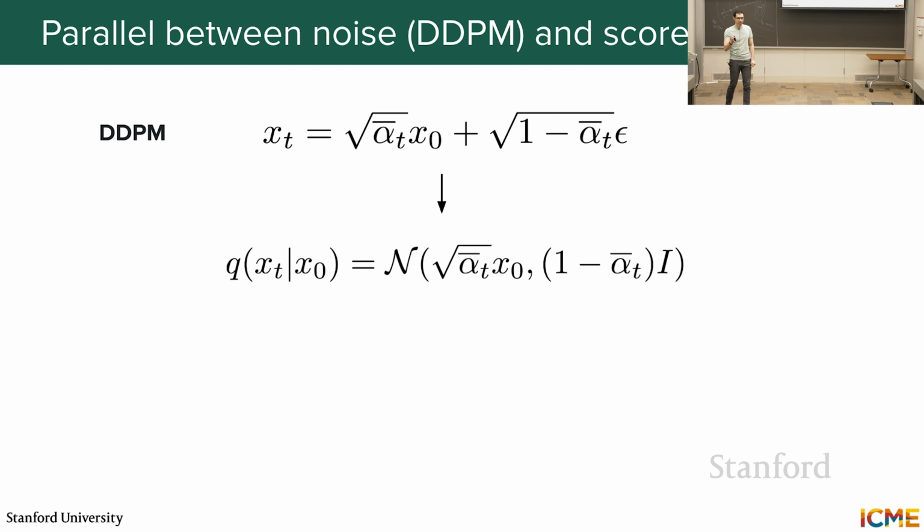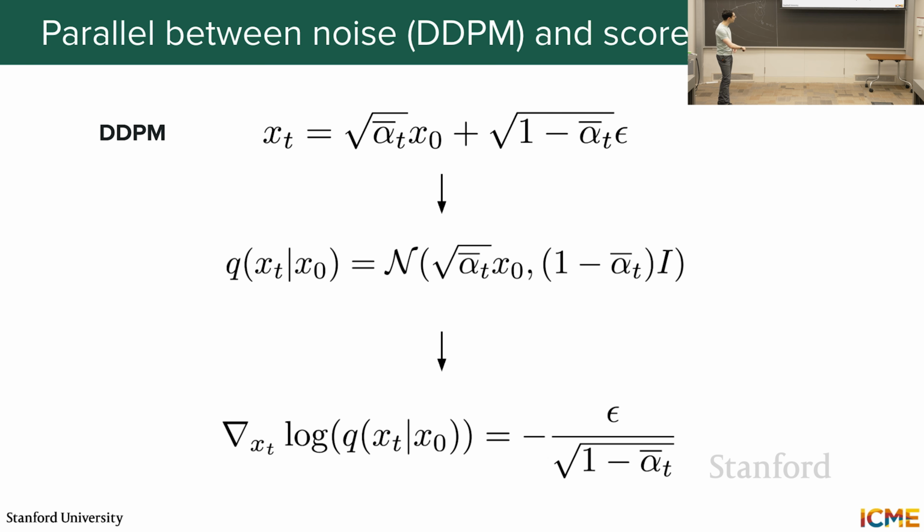Well, the forward process of x_t given x_0 is a normal distribution centered on the square root of alpha t bar times x_0. And you actually realize that the score of that distribution is equal to minus the noise that you added over some coefficient.